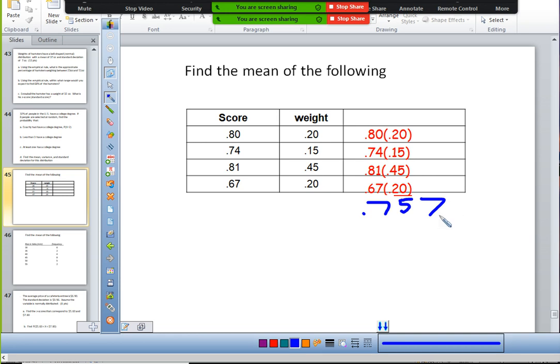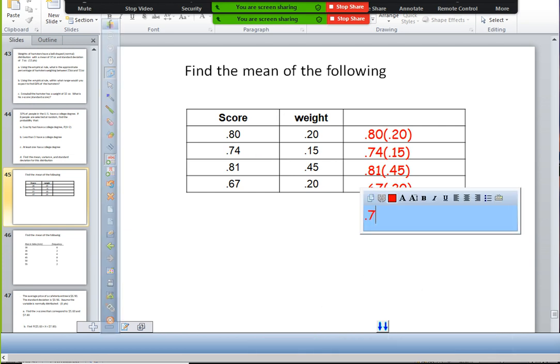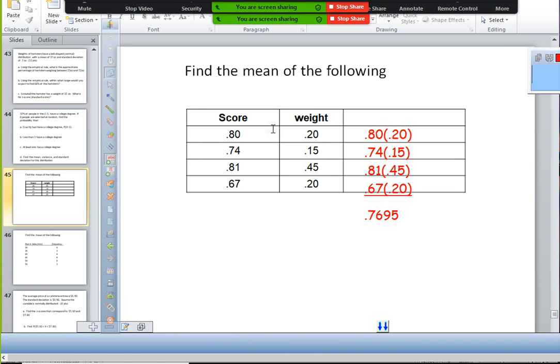It kind of depends on whether this was... Some people got 7695. Interesting. Okay. So we're getting a lot of people who got 0.7695. Okay, that's good.